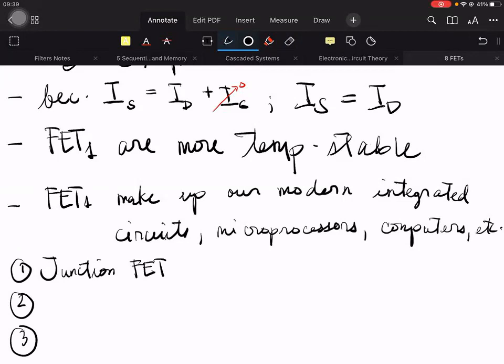We have the MOSFET, metal oxide semiconductor FET, or MOSFET.